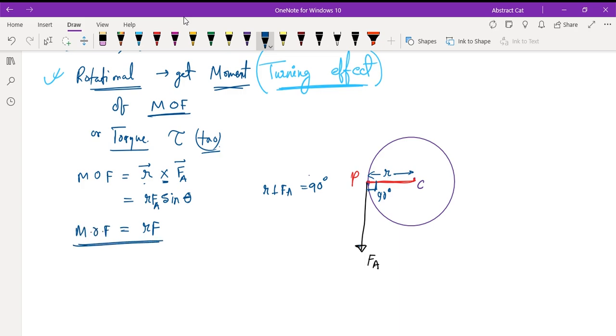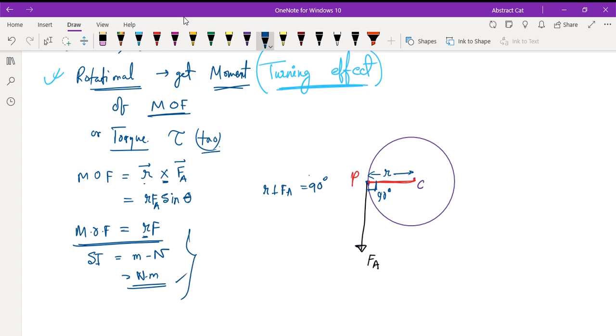Moment of force is the turning effect of a body about an axis due to the moment of force or torque applied on the body. So if we apply a force on a circular object at some distance, point P from the center, we get a turning effect. The SI unit of moment of force: r is the length, represented in meters, and F is in newtons, so that is newton meter. Okay, very good.